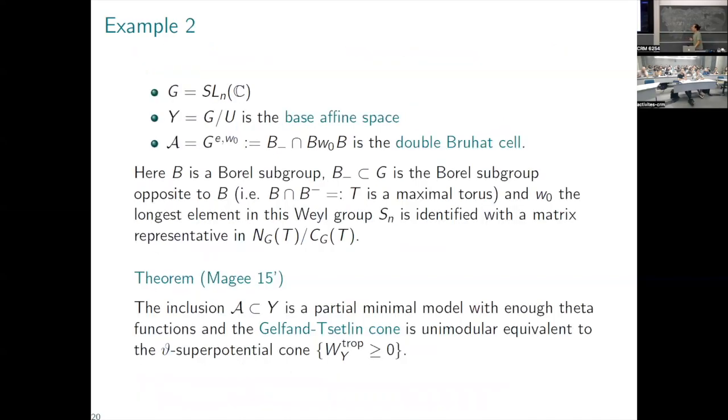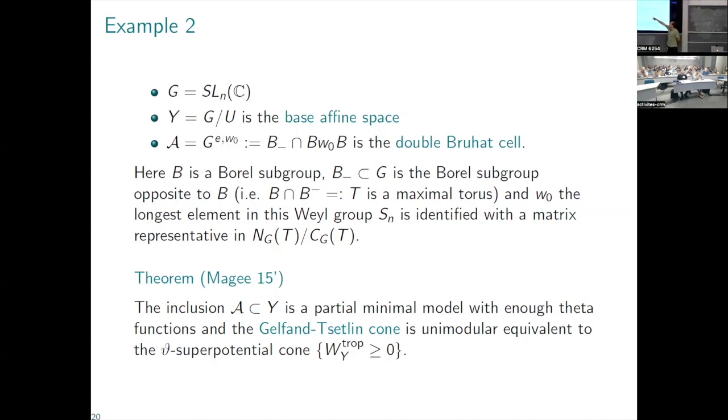The second example is actually a paper by Tim McGee. So if I'm working with SL_n and I consider G mod U, a base affine space, then Y can be thought of as a partial minimal model of something called the double Bruhat cell described here.